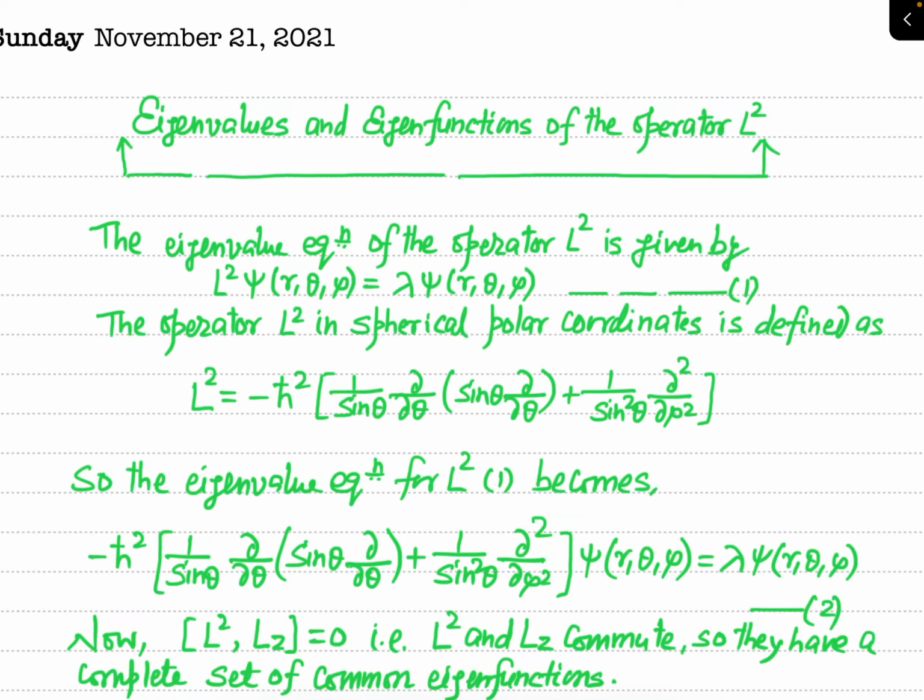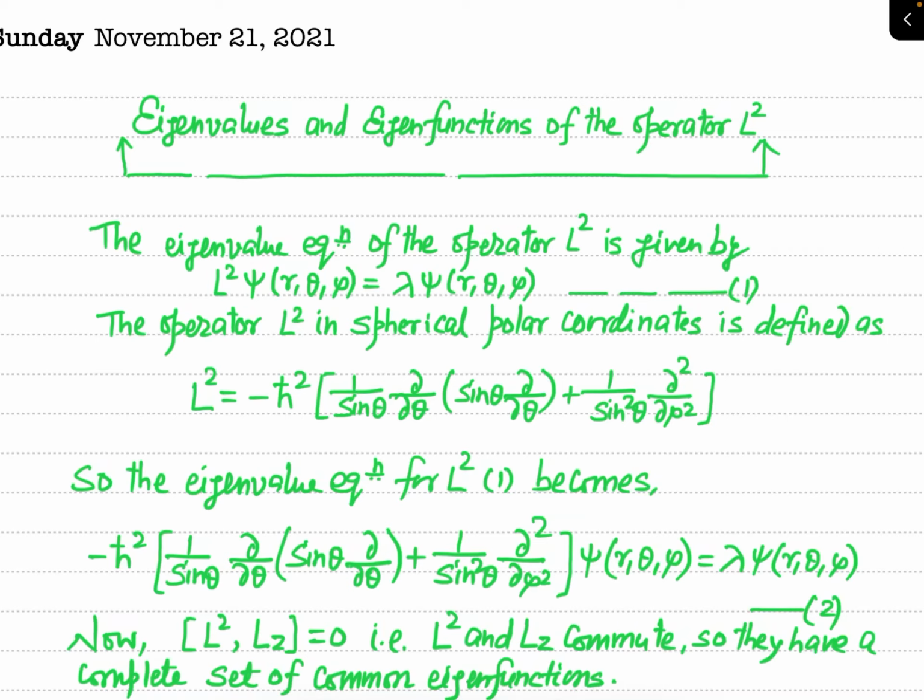So to get the eigenvalues and eigenfunctions of the operator L square, as usual, we will first of all write the eigenvalue equation of this operator, and we will solve the problem in a spherical polar coordinate system, because I have told you earlier, while discussing the eigenvalue and eigenfunctions of the angular momentum operator, that the most convenient form of the operator is in spherical polar coordinates, not in Cartesian coordinates.